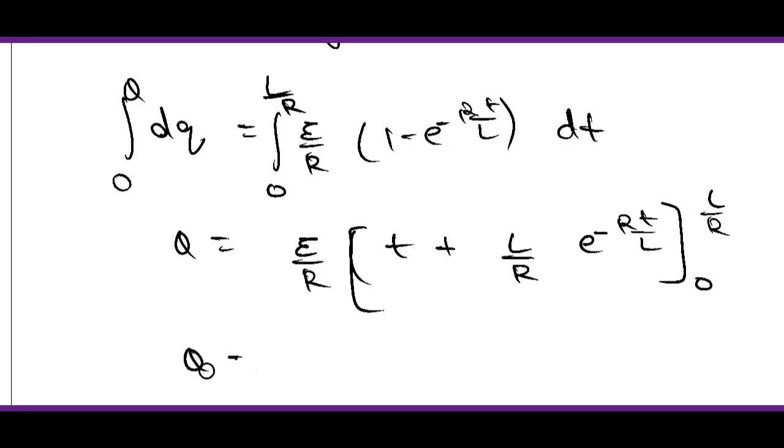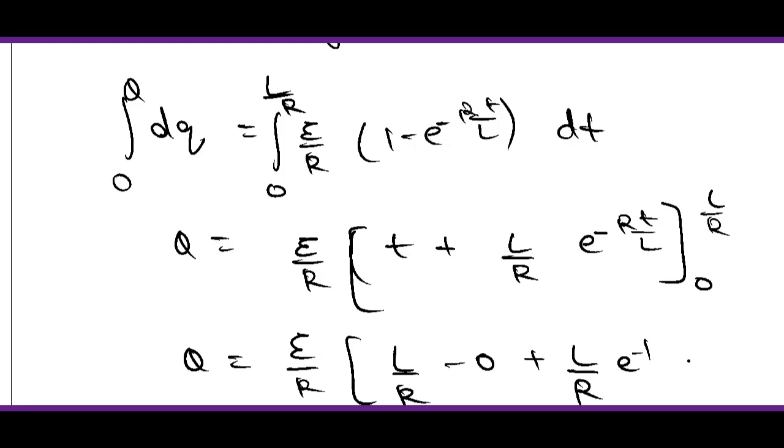So q equals E by R times L by R plus L by R e to the power minus 1, minus L by R e to the power 0. So this cancels this.